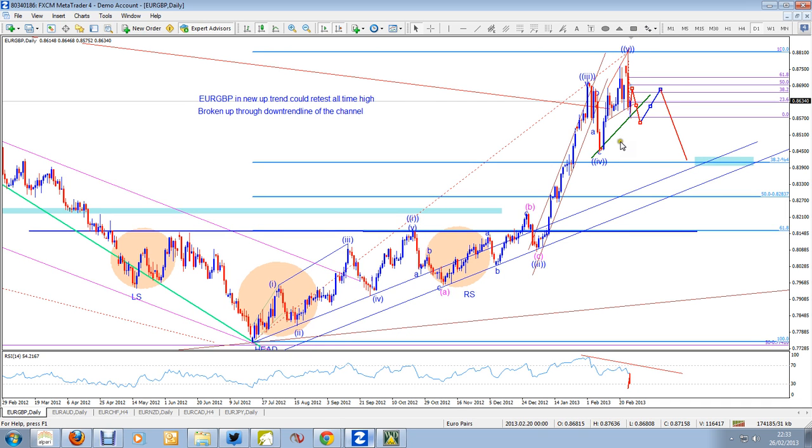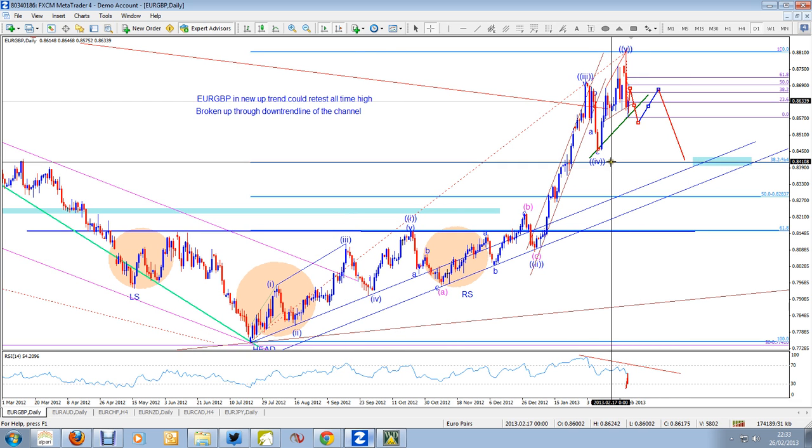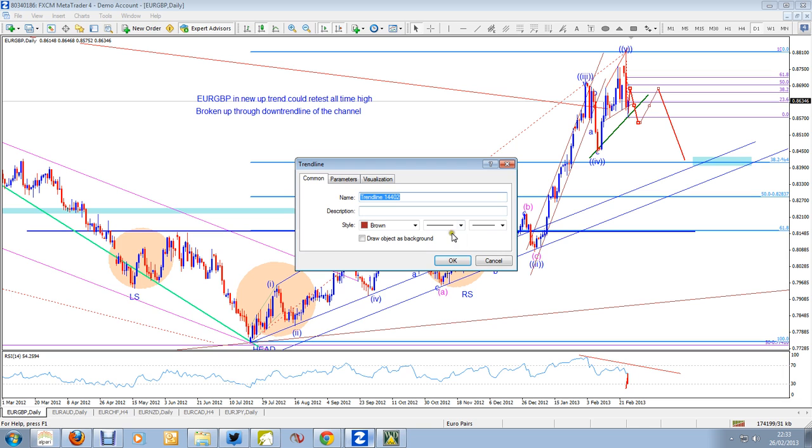So because the complete 5-wave cycle is over, what we now expect is a retracement of the entire cycle, and we are suggesting that we at least look for 38% retracement. So euro pound may probably weaken to about 84 area, and it will do that probably in an ABC correction.